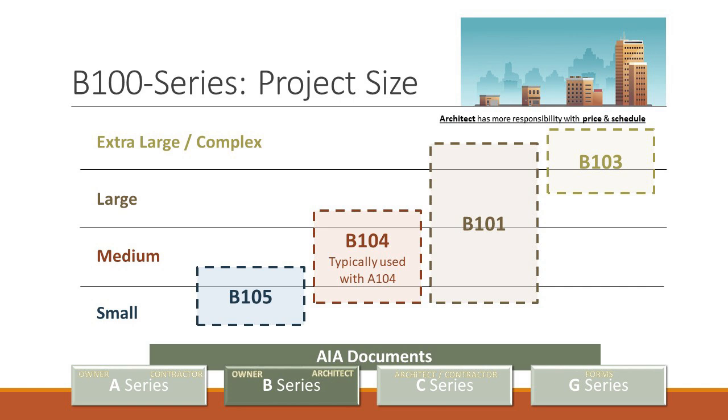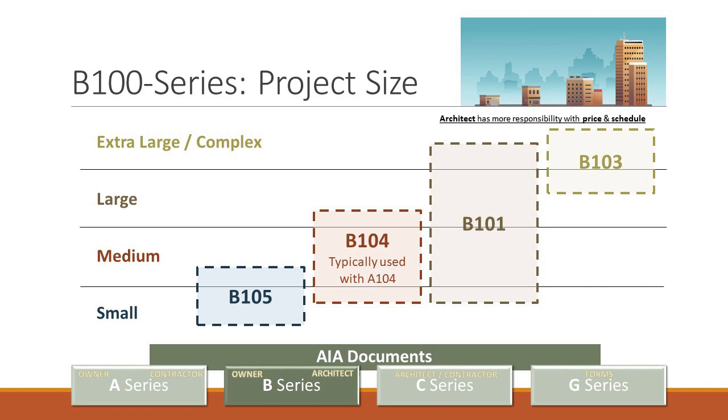At the end of the B103, that process is more detailed and in depth, so that the owner has a better way to track the anticipated cost of its projects before construction starts, and so the architect has more obligations to give a better breakdown, more detailed information, and it also has more obligations related to schedule management. That's why for a larger project, because time and money are the most important as projects get bigger, you might use the 103 on larger projects.